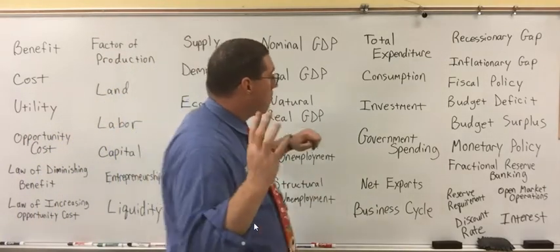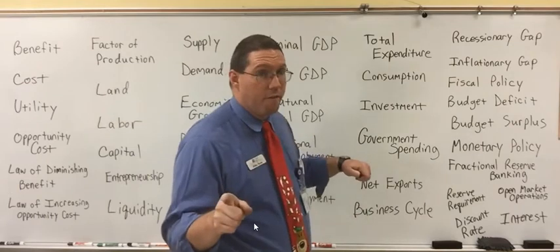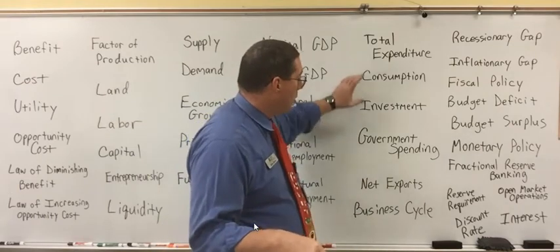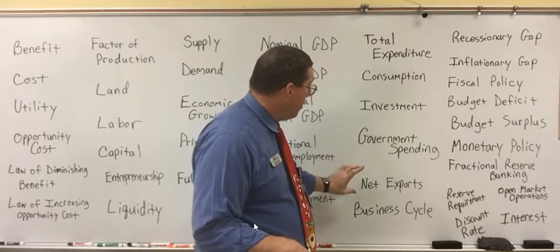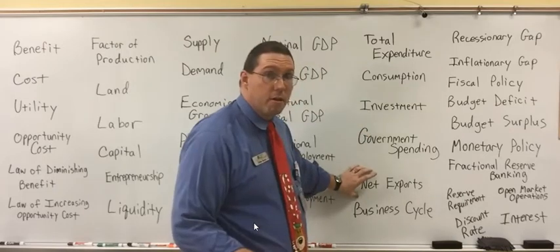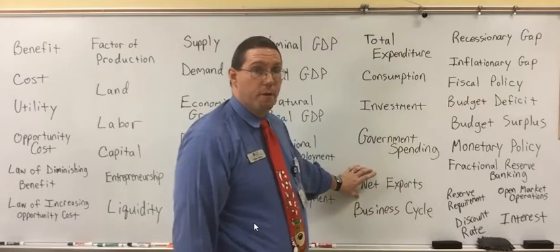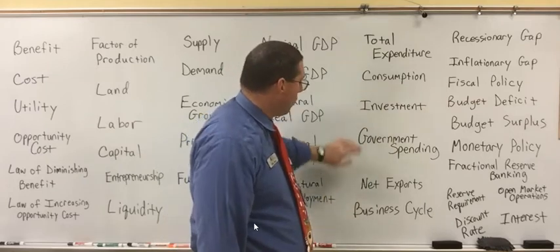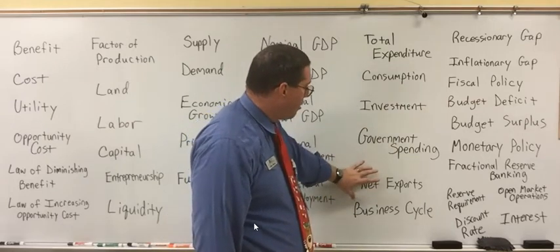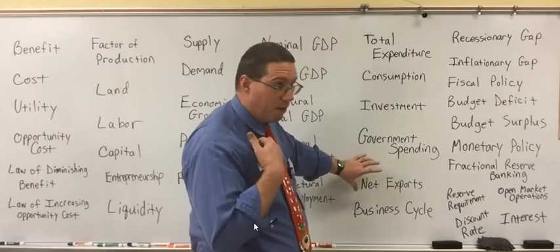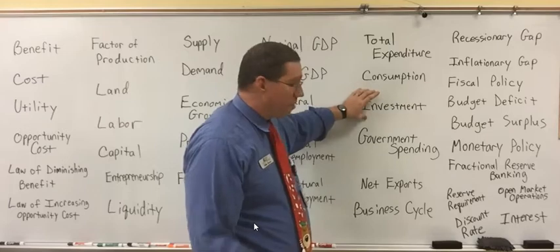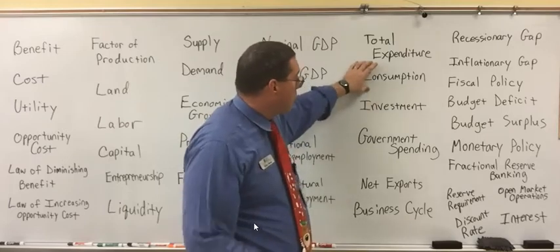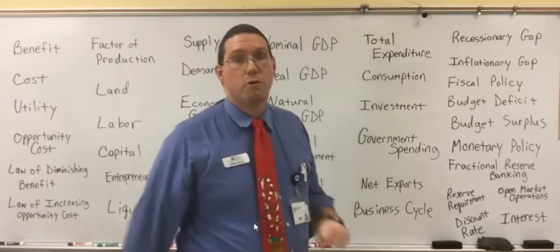And there are 4 groups that can buy that stuff: households, businesses, the government, and households, businesses, and governments in other countries. And so when you add up those 4 categories, when you add up all the money spent in other countries on our stuff, by the government on our stuff, by businesses on our stuff, and by households on our stuff, that gives you total expenditure.